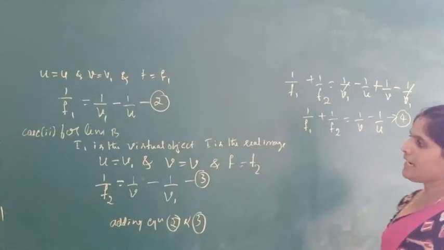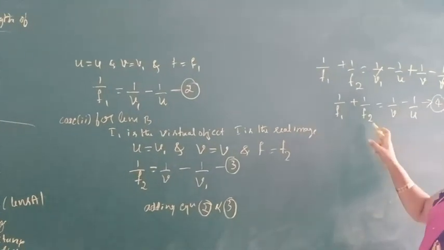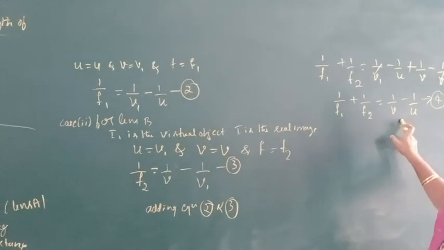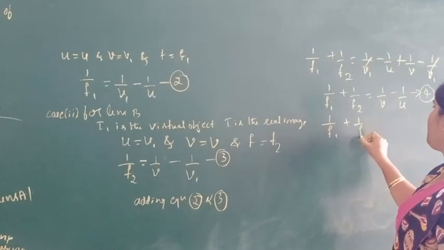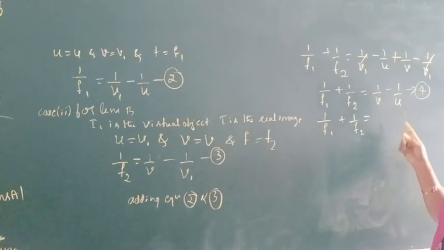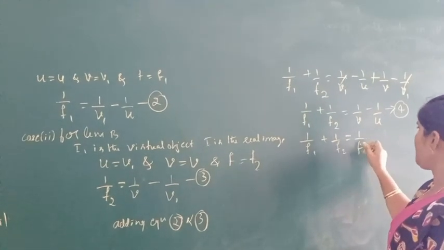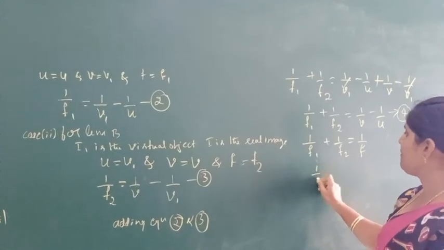Now comparing equation 1 with equation 4, from equation 1, 1 by V minus 1 by U can be written as 1 by F. So 1 by F is equal to 1 by F1 plus 1 by F2.